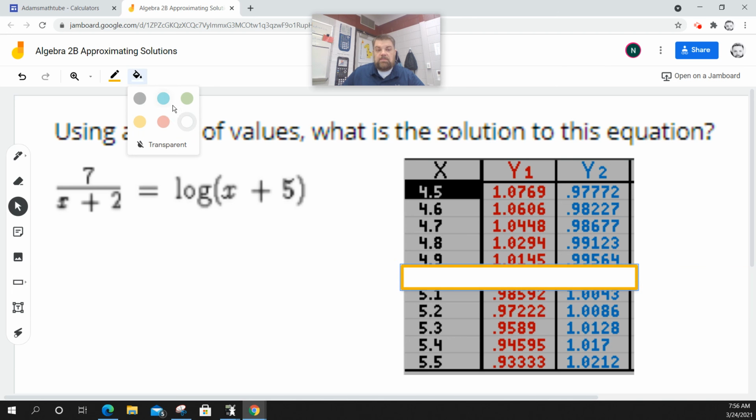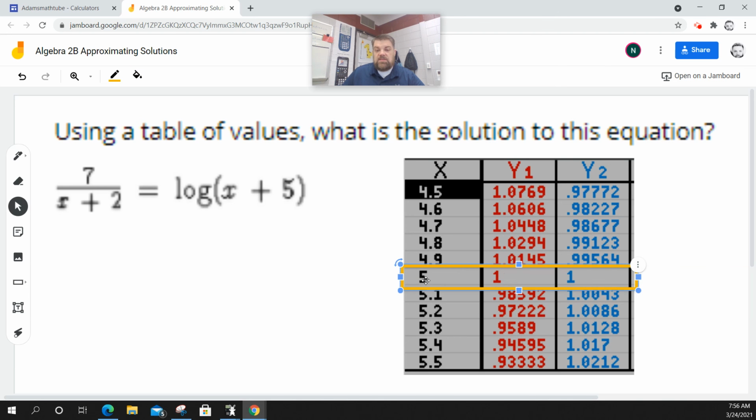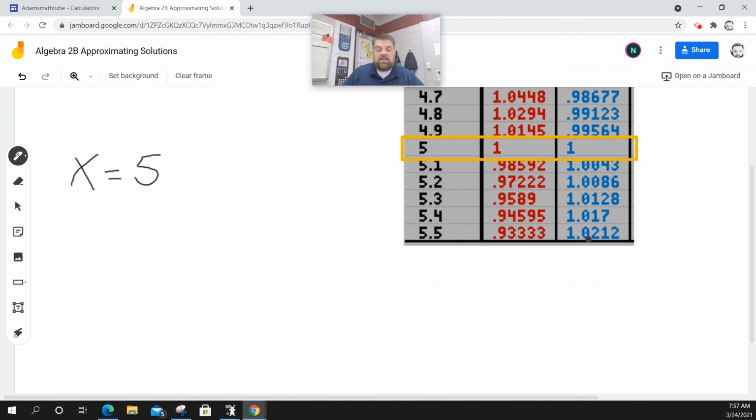So this is the x value, this is the y value for the first equation, this is the y value for the second equation. So then what our answer should be is x equals 5. Because when they both equal 1, what I'm really saying is if I plug in a 5 for this equation, let me just write this out so it kind of makes sense.